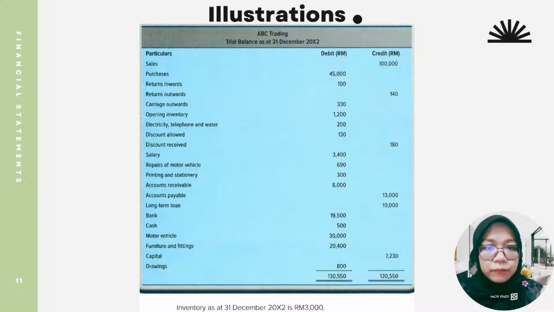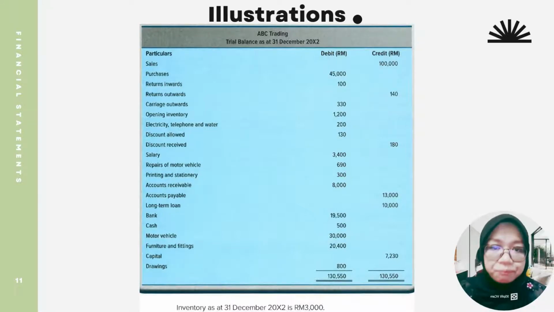So if you are given this question, first you have to differentiate which account goes to profit or loss, and which account goes to financial position.